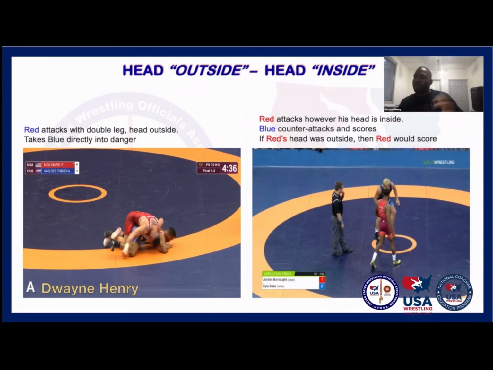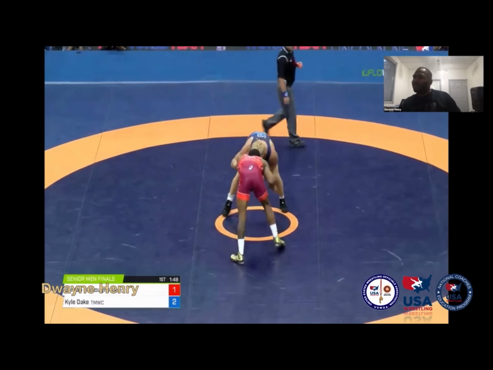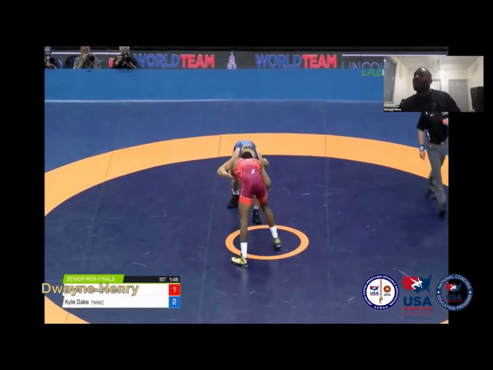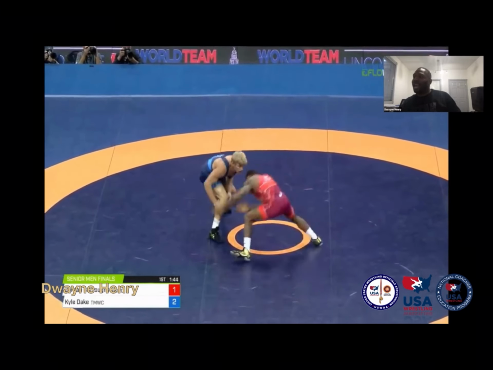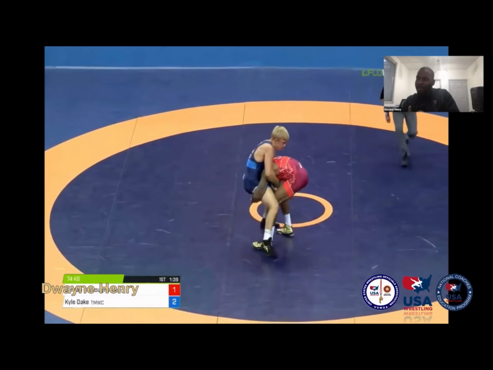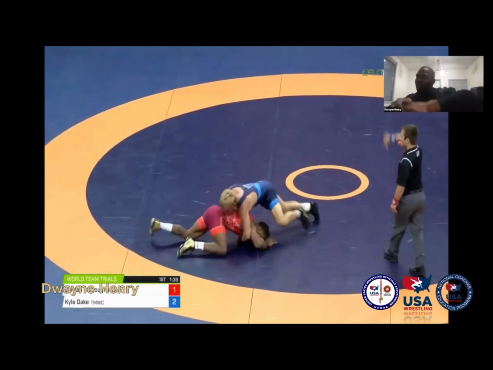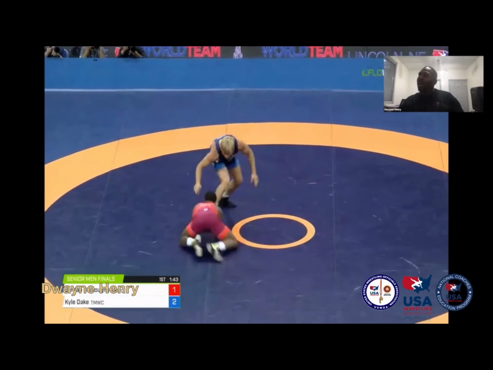This one's going to be an opposite one when we talk like head trapped, right? I think Jordan ends up going head inside on his attack, and Dake capitalizes on the situation, keeps his head trapped. And even though there was a lock right around the waist of Dake at this point, it's still going to be all Dake, right?